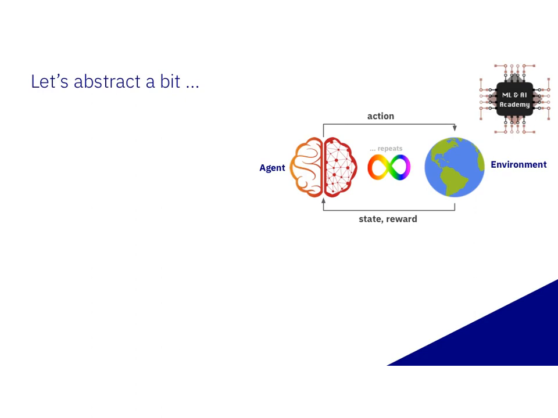So the first thing we need is, we said we need a state space, right? So a state space where each state belongs to. And we're going to assume for now that the state space S is some continuous state space. So it is a subset of a d-dimensional space.